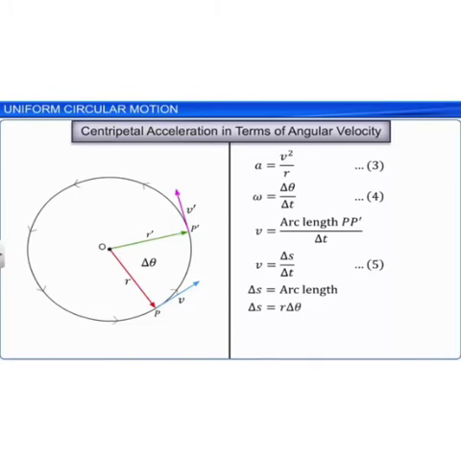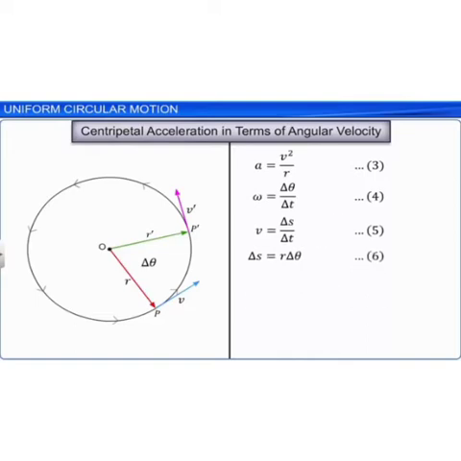Substituting 4 in 7, we get V is equal to R omega. Let this be equation 8. Now, substituting equation 3 in 8, we get centripetal acceleration AC is equal to omega square into R.